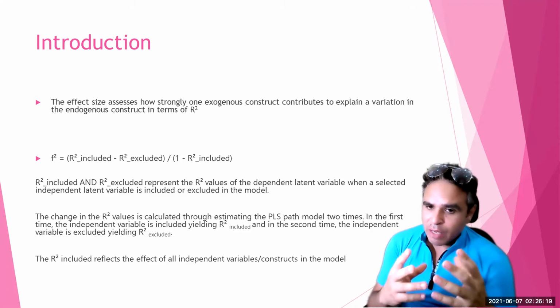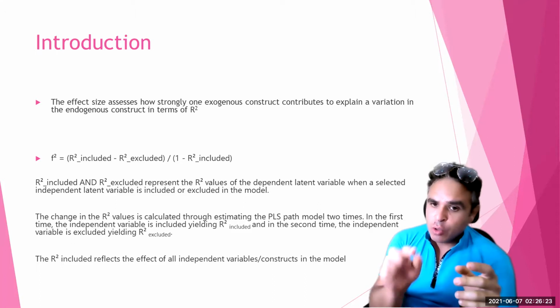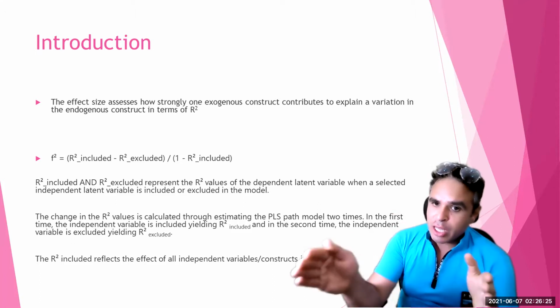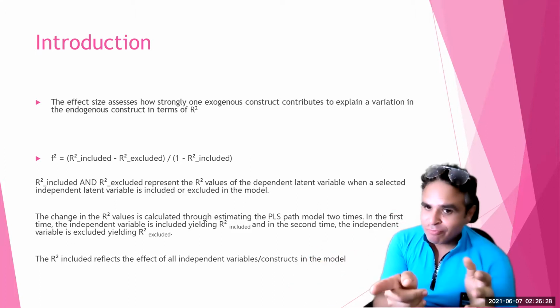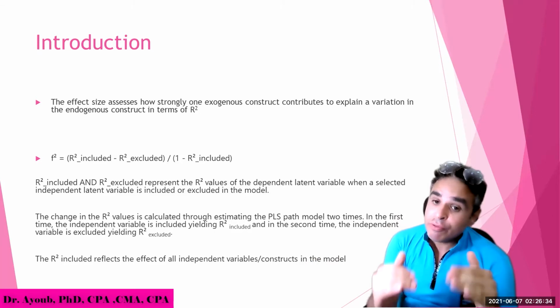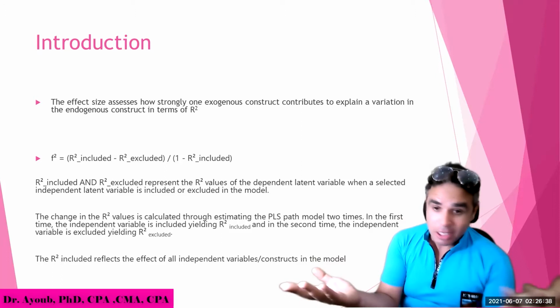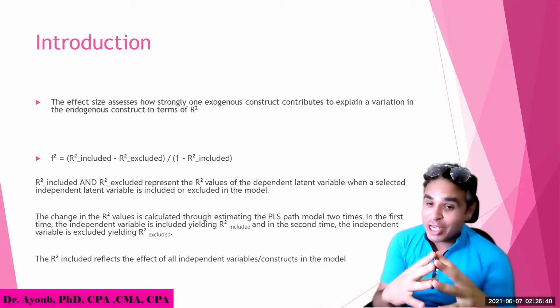If we have trust, perceived usefulness, and perceived ease of use, we simply remove trust, check the R squared, then undo, put it back, and then remove perceived usefulness and check R squared to see how much it has changed.